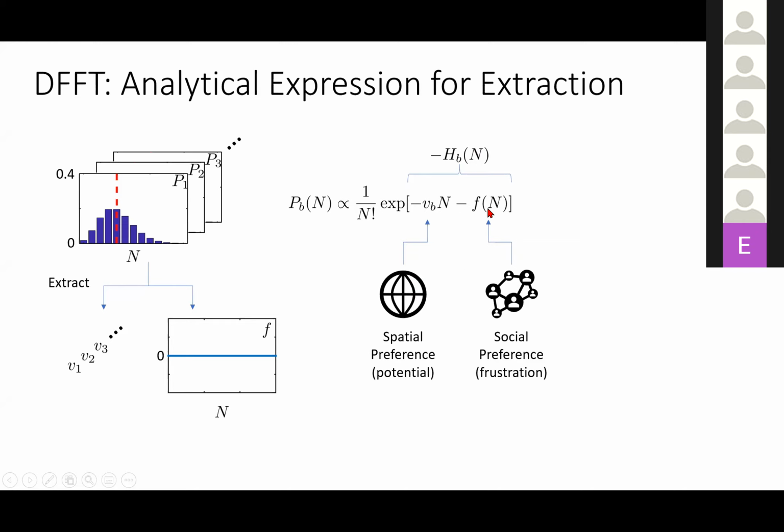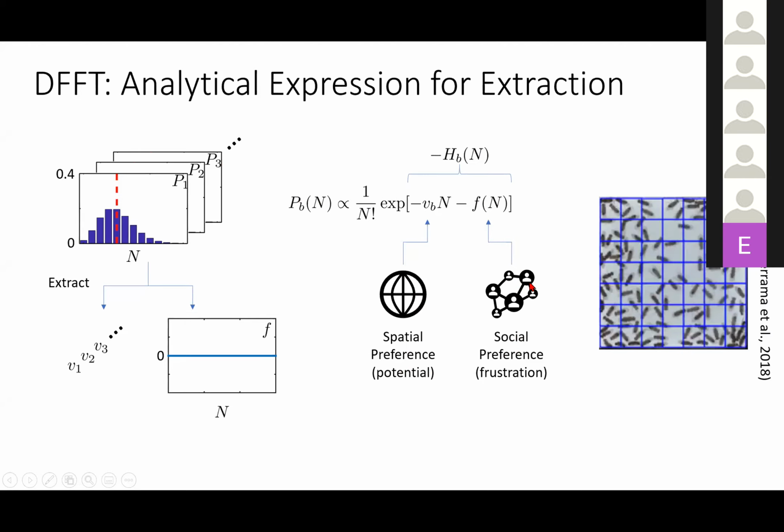All the higher order terms are captured in the frustration. Note that this is a single frustration that works for all these different blocks. This description has been tested experimentally on a system of walking fruit flies, and it worked pretty well there. It has also been shown that it works for a generic model of interacting crowds.